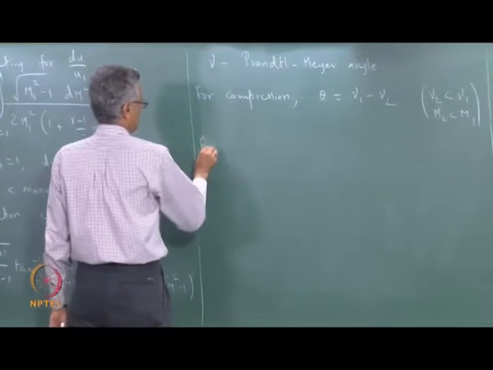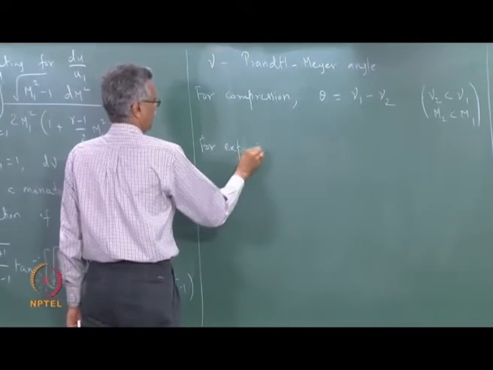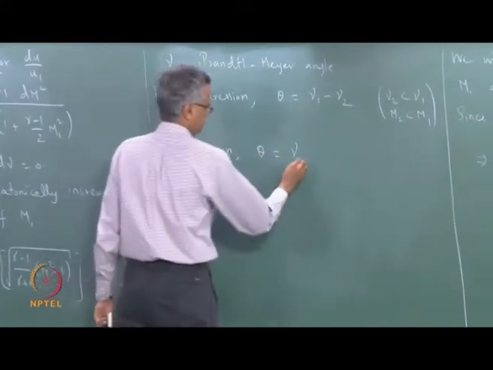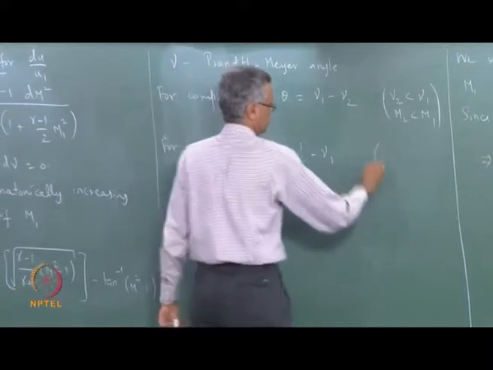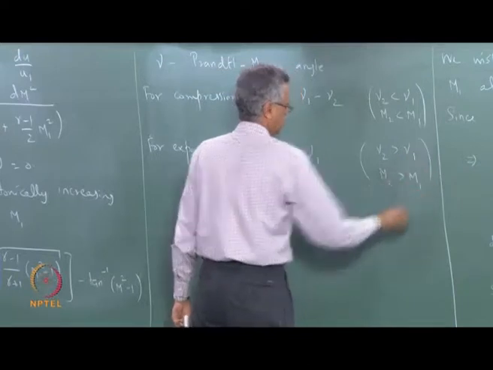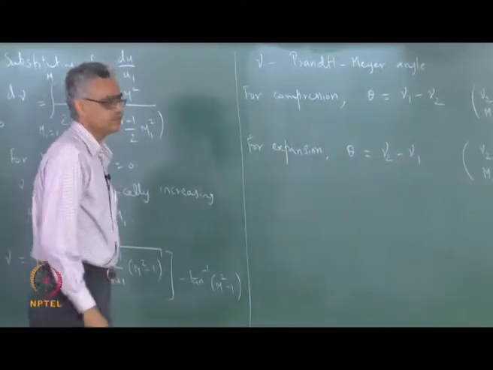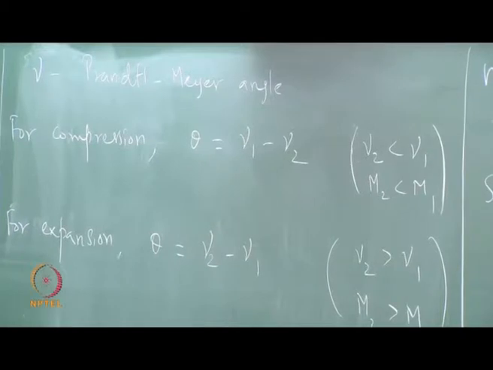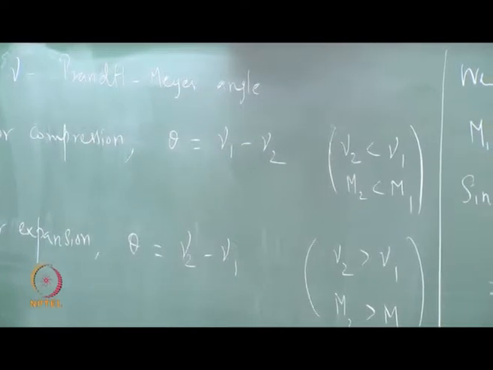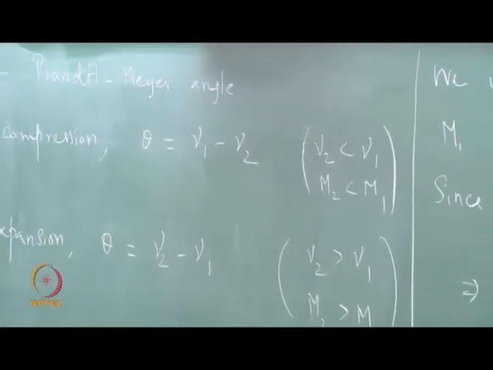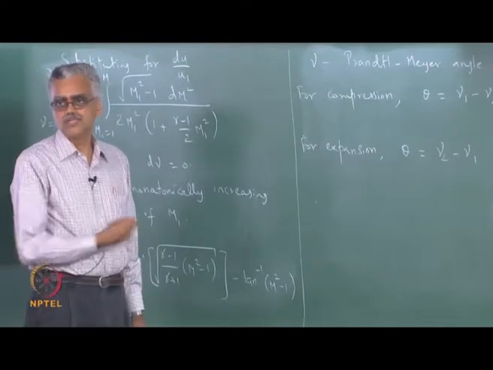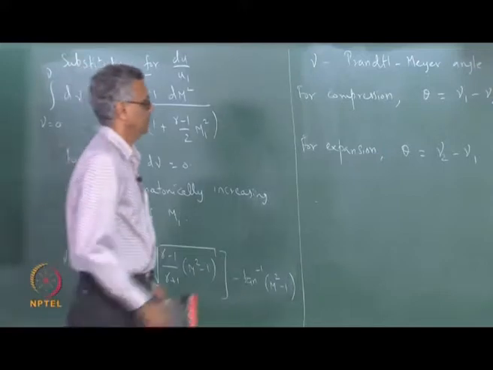For an expansion process, the flow turning angle theta is equal to nu2 minus nu1 because nu2 is greater than nu1 because M2 is greater than M1. Okay? So you have to be careful about this. Any questions? So we will do a couple of worked examples to illustrate the concepts and the ideas. All right.